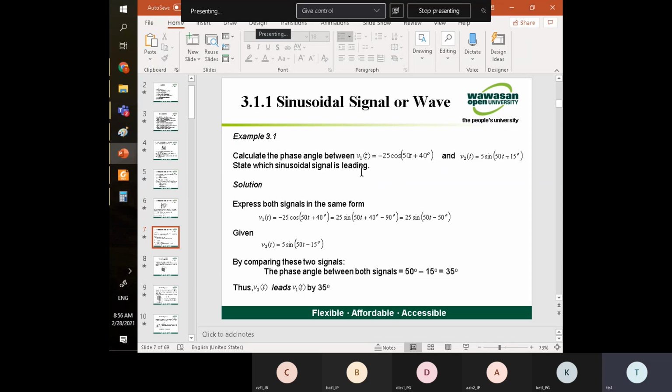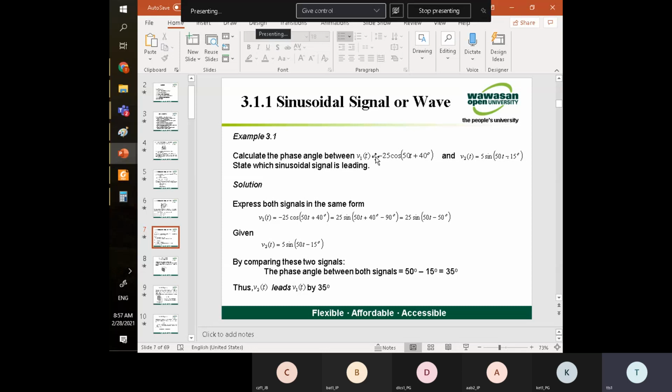So we have voltages V1 and V2. They are given one in cosine format, one in sine format. One with a positive phase shift, one with a negative phase shift. So we want to know which one is leading which one, right? Is V1 leading V2 or V2 leading V1? By how many degrees?